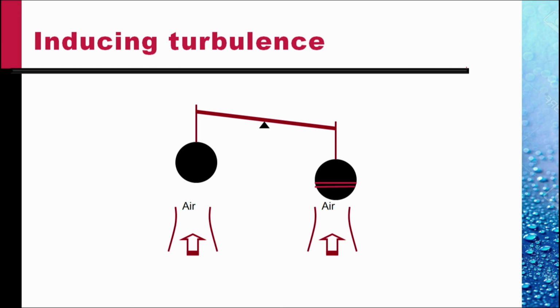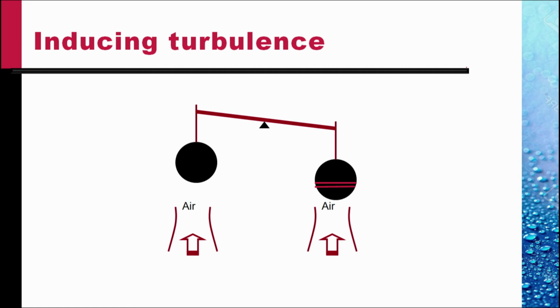This makes the boundary layer turbulent. This introduces roughness on the surface, and because of the roughness of the surface, the boundary layer becomes turbulent earlier, that is at lower Reynolds number, than it would on a smooth sphere.